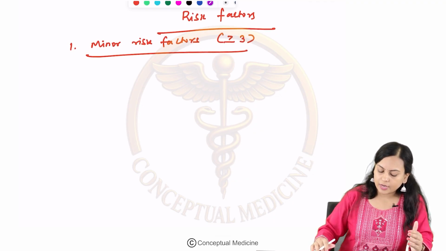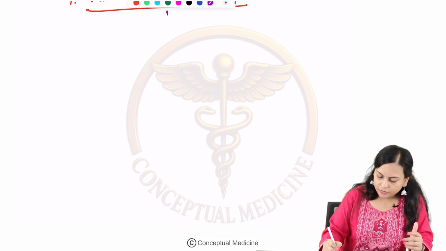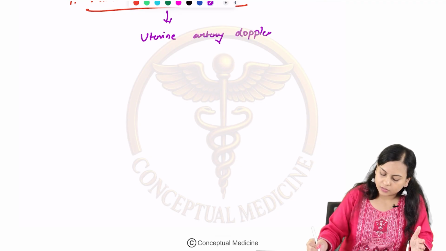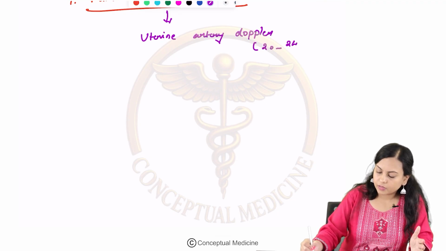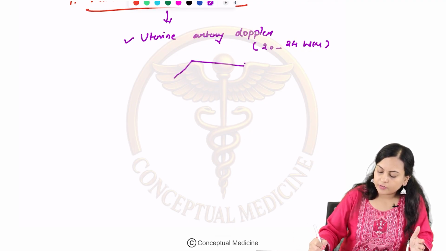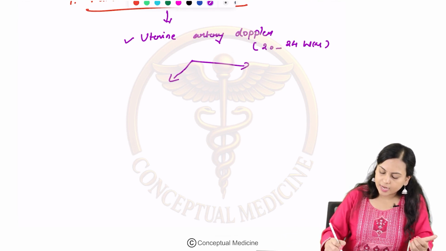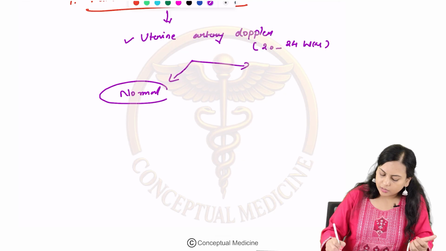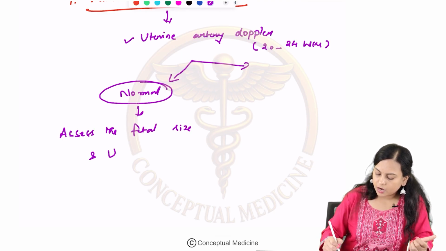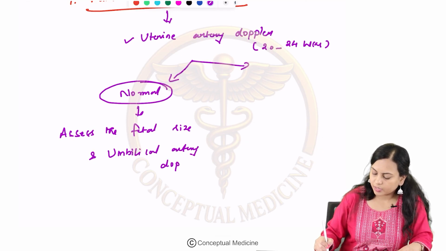Okay, so what is going to happen is that you have to follow them with uterine artery Doppler around 20 to 24 weeks. Okay, then you have to check whether it is normal or abnormal. Say it is normal, then you have to assess the fetal size and umbilical artery Doppler. Clear?